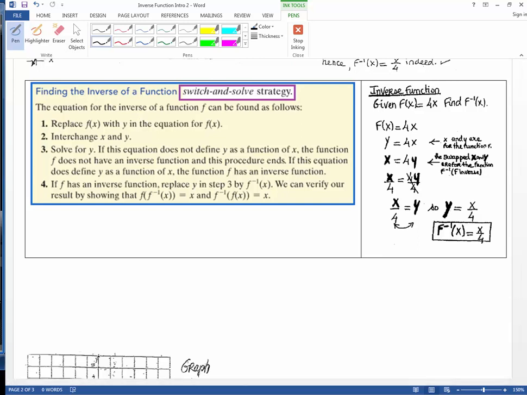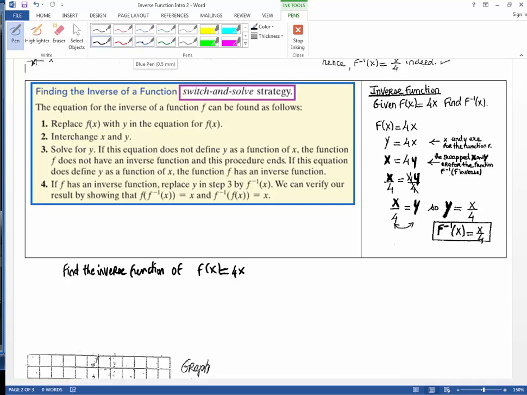So we're going to take a look at an example of how to apply this rule. So let's go ahead and do the following. Let's say that you wanted to find the inverse function of the given function f of x is equal to 4x.